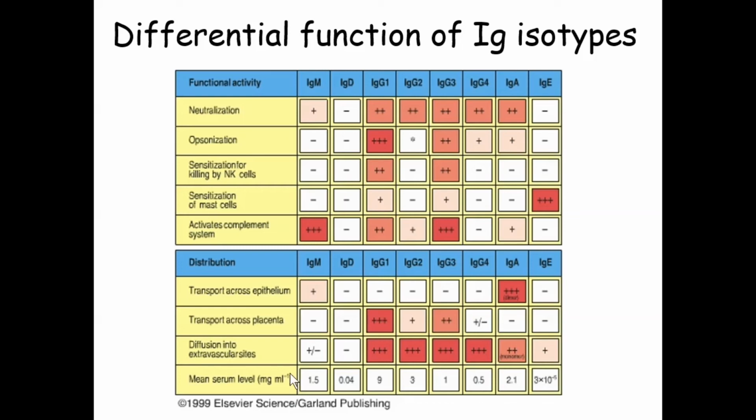And IgG, being a smaller molecule than IgM, can go outside the vascular system and try to kill infections there. IgE sensitizes mast cells. This is important for fighting parasites, but now, certainly in the developed world, it is what causes allergic disease.